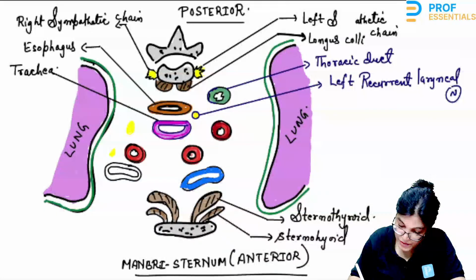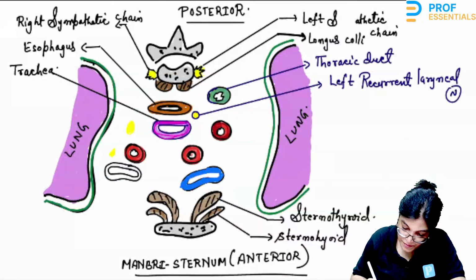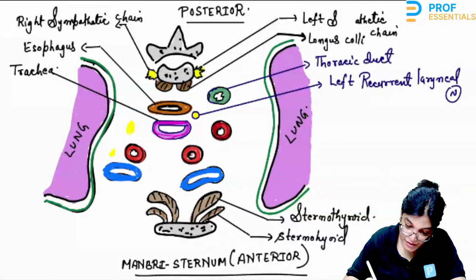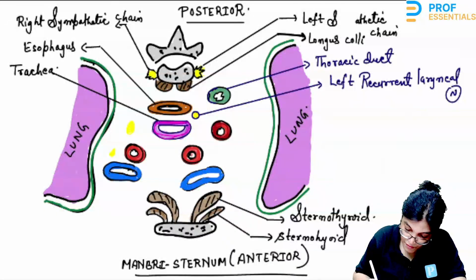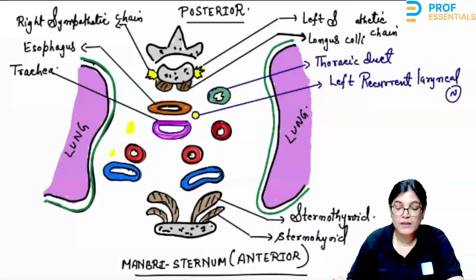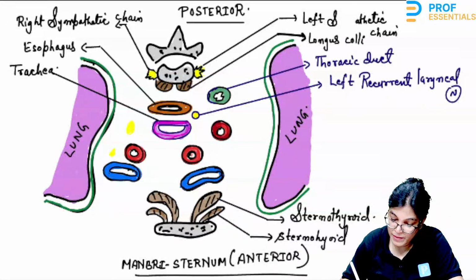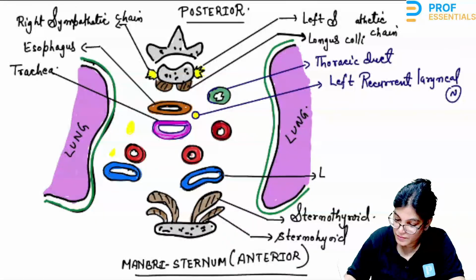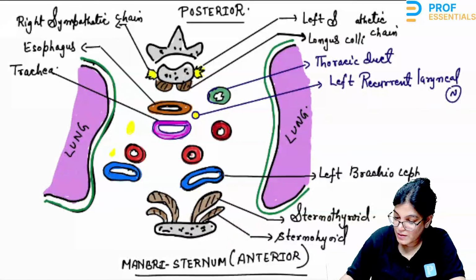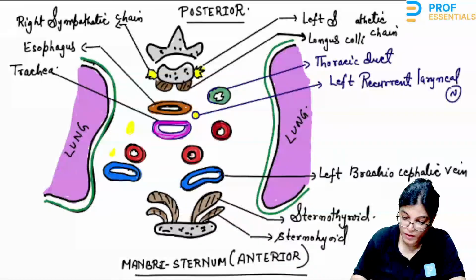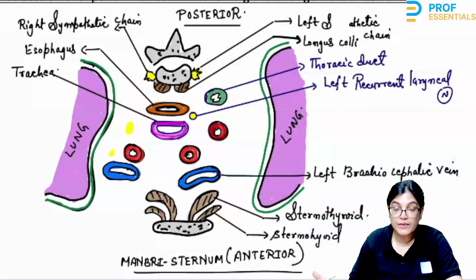We will have the great veins. Okay. So this is the left brachiocephalic vein.